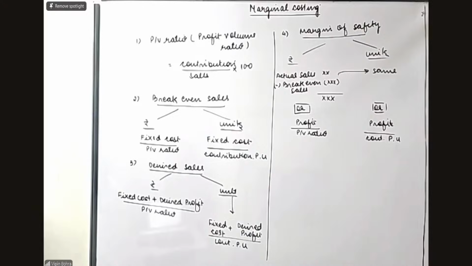Desired sales, if you want to calculate it in rupees, is fixed cost plus desired profit divided by PV ratio. And if you want to calculate it in units, it is fixed cost plus desired profit divided by contribution per unit. Margin of safety, very simple. It's actual sales minus break-even sales or profit divided by PV ratio. If you want to calculate it in units, it is profit divided by contribution per unit.